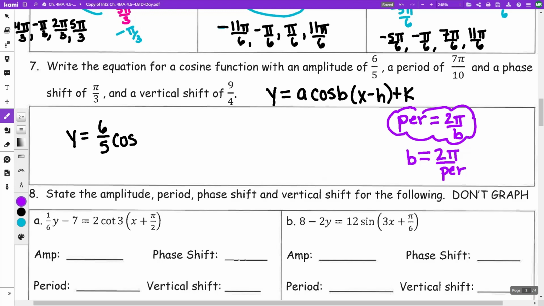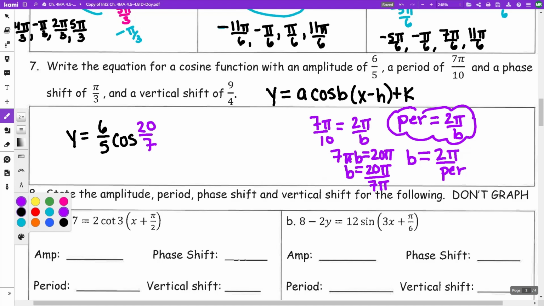So I'm going to take 7 pi tenths and set it equal to 2 pi over b. I'm going to cross multiply, so I get 7 pi times b is equal to 20 pi. I am going to divide by 7 pi, and that's going to give me 20 over 7 as my b. They told us we had a phase shift of pi thirds, which means I'm going to go x minus pi thirds. And then we had a vertical shift of 9/4, so that's going to be plus 9/4. That's our equation.